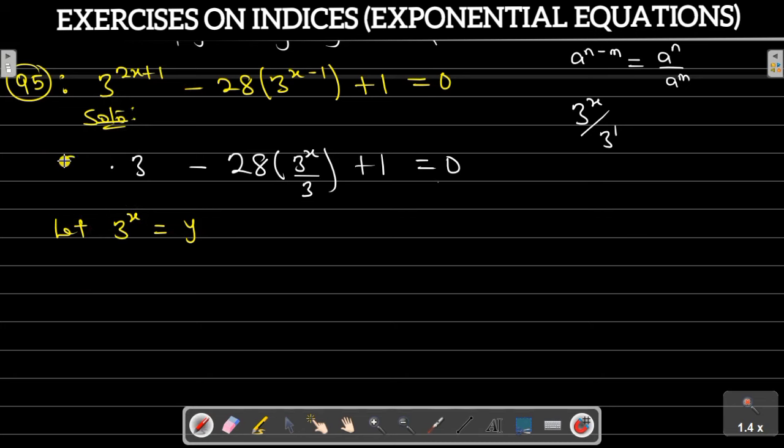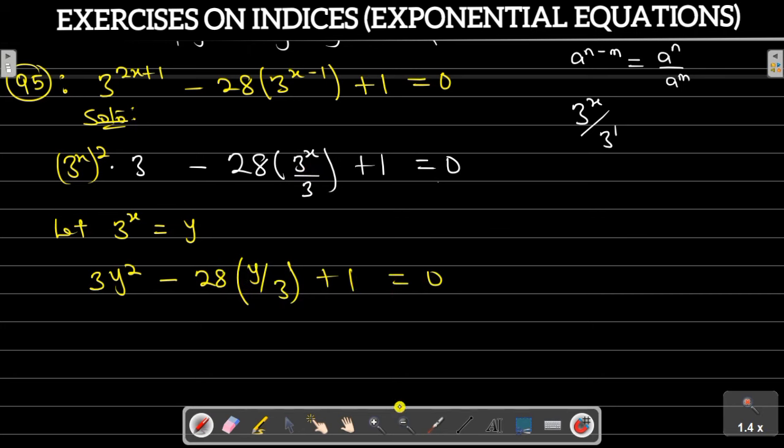So in substituting now, we are going to have y squared times this 3, so the 3 will come to the front, minus 28 all over y over 3, then plus 1 all equal to 0.